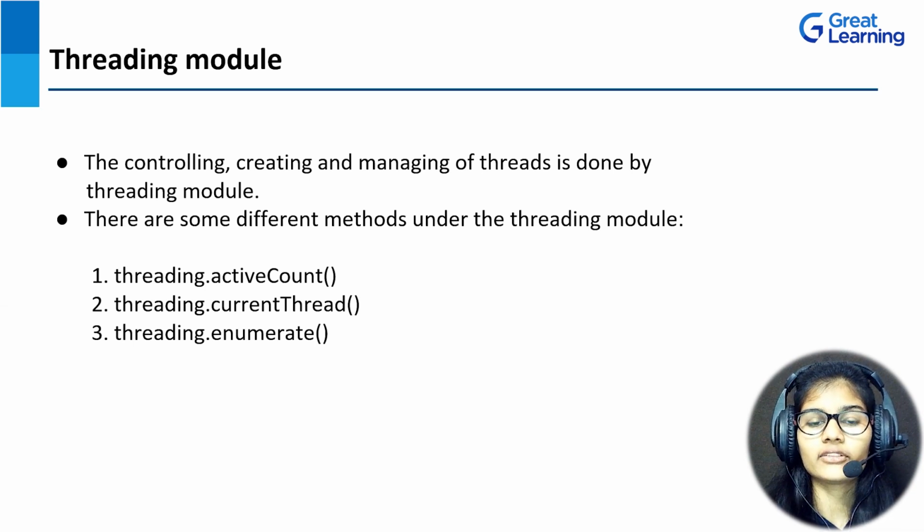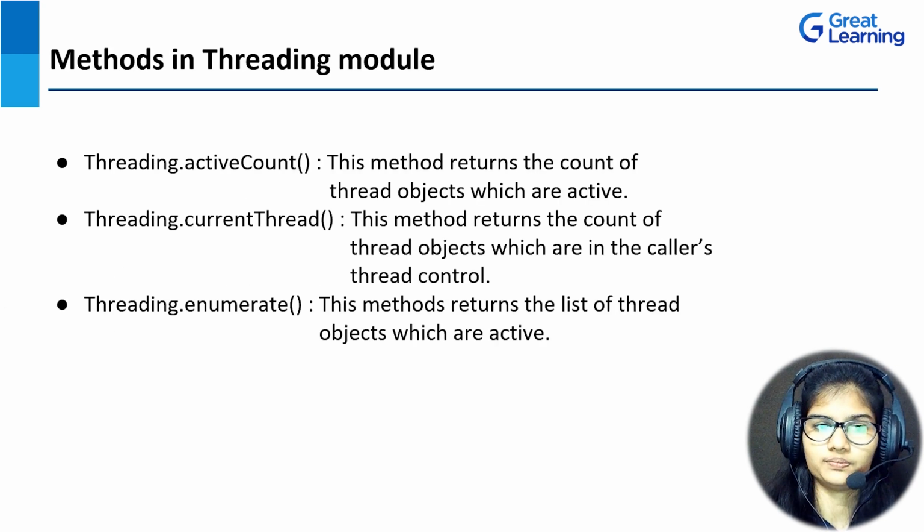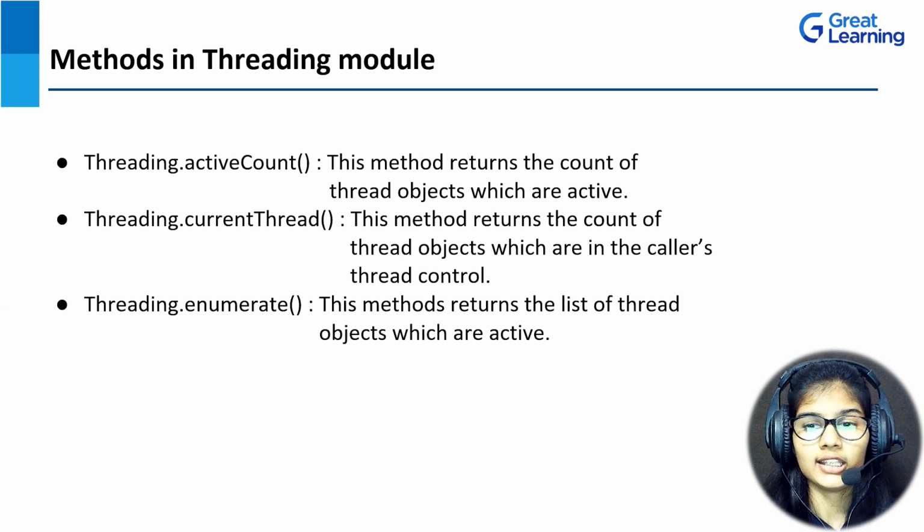The different functions which you have in the threading module are active_count, current_thread, and enumerate. These are the three different methods in the threading module. What is the active_count method? It returns the count of the thread objects which are active. Next, you have current_thread.